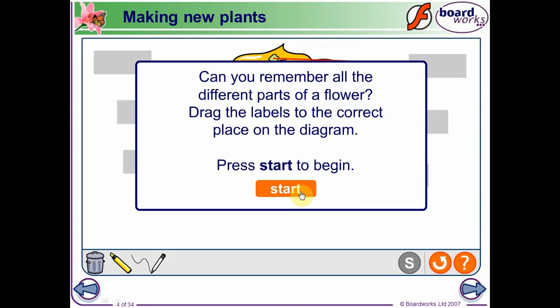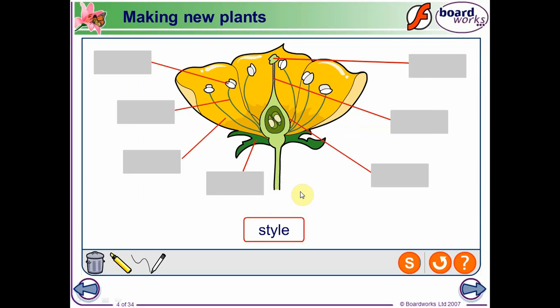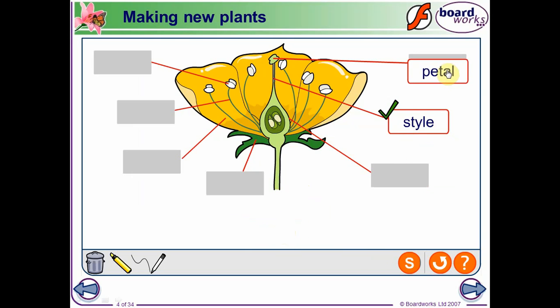Okay, let's play. Where is the style? Who can tell me where the style is? Put it where? Here? Is this the style? No, it's here. Yes. Where is the petal? Let's put it here.